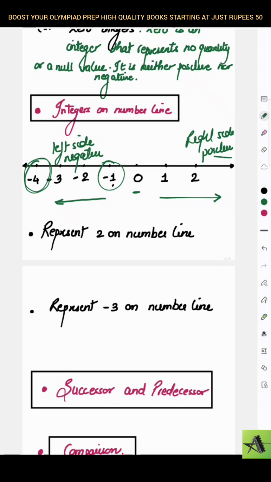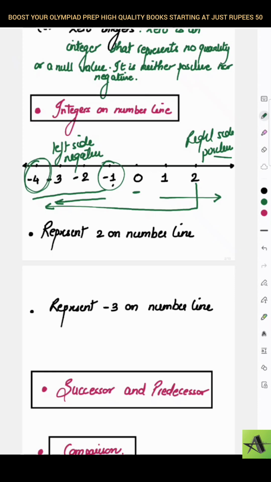As I told you, if you move towards the left, the number keeps on decreasing. From here, if I start to move to the left, that means 2, 1, 0, you can see the numbers are decreasing. That means -1, -2, -4. So from -1 to -4 the numbers are decreasing, which means that -4 is smaller than -1.